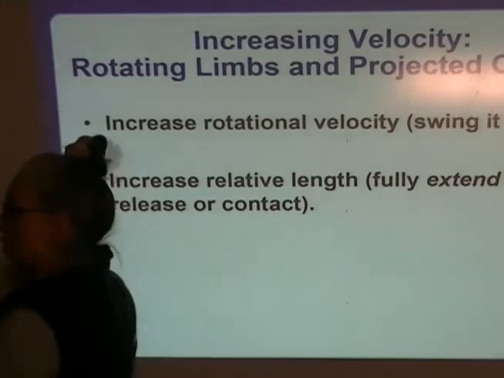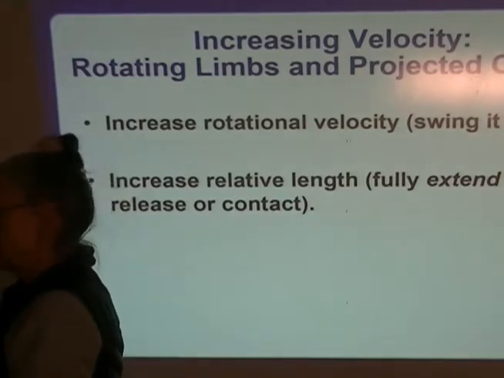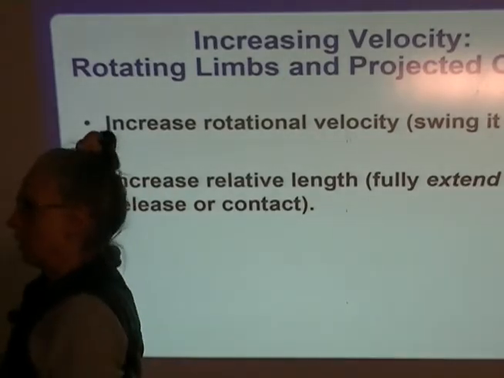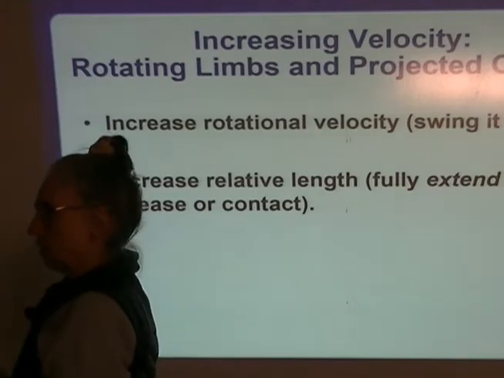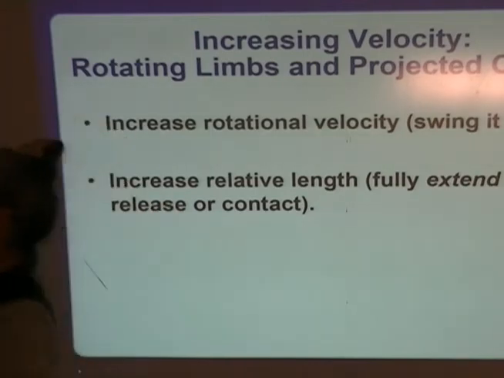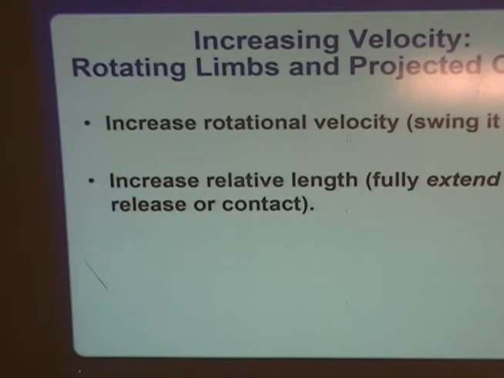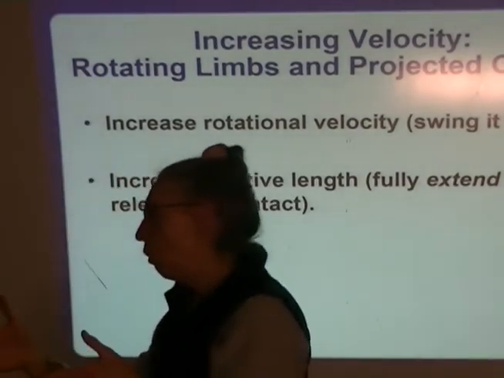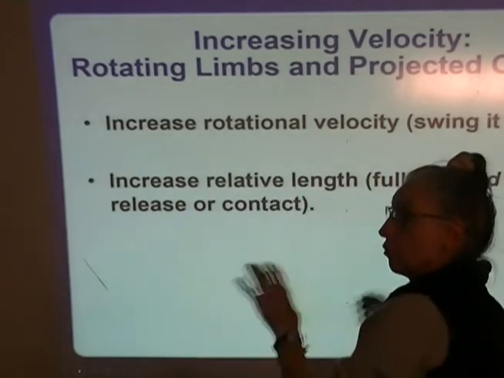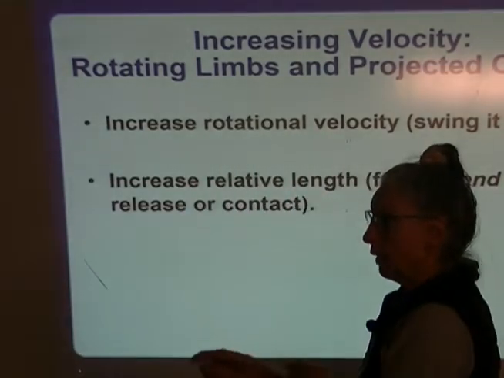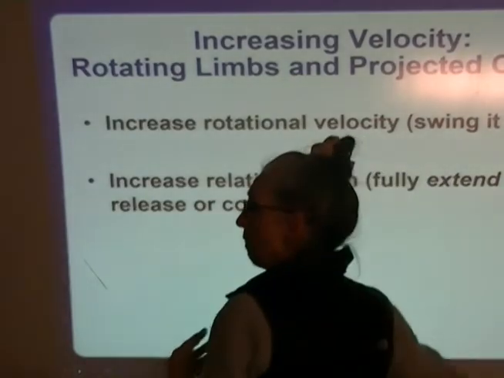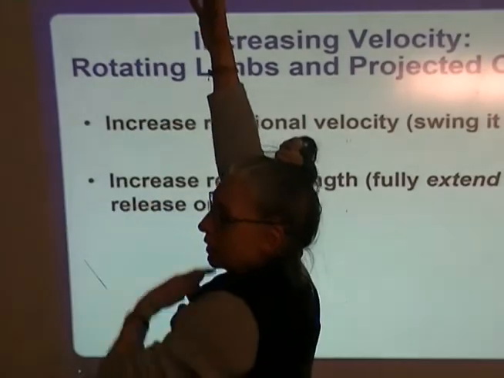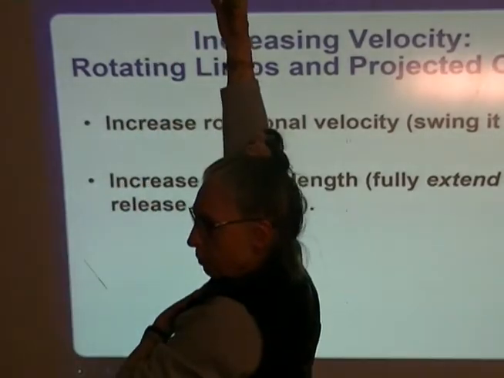Do I want the fastest serve I can hit? And sometimes I do. Do I want a slower serve to throw the other player off? Sometimes I do. Do I want to be able to add spin or slice to the ball? Sometimes I do, right? So it depends on the goal of the serve or the throw, right? But the idea is that at the point of release, the radius is as long as possible.